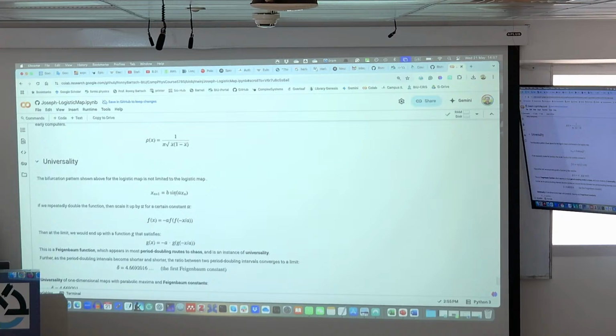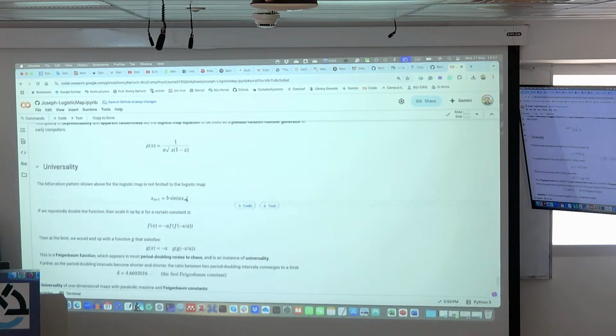You get something that looks similar to our old logistic map, also with these bifurcations, and the ratio of the times it takes to get from one bifurcation to another one is the same as in all logistic maps that you reconstruct.